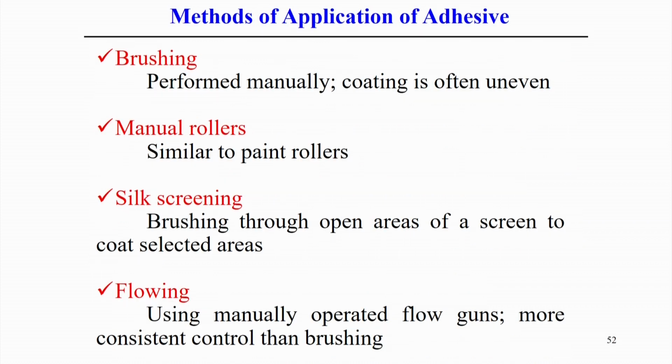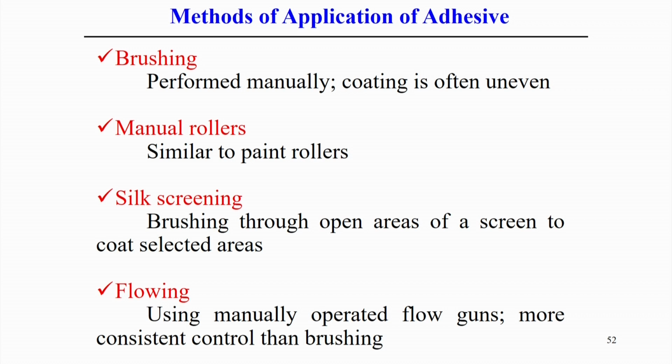Now we come to the point of what the typical methods of application of the adhesive are, in what way we can put the adhesive between the substrate materials. Simply, manually we can do brushing, but when you do it manually, there is a possibility of uneven coating, which means there is a variation of the thickness over the surface.